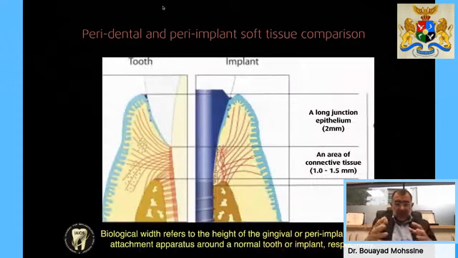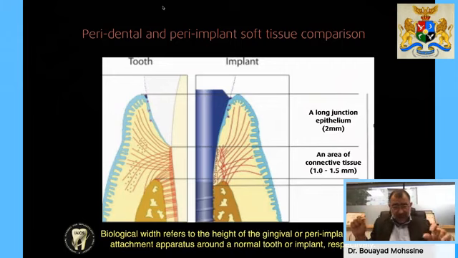In this picture, we can compare between tooth and implant. We have a long junctional epithelium attachment of 2 millimeters of height. It will be higher in the implant environment than in the tooth environment.